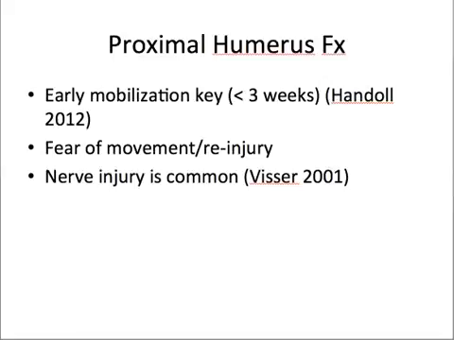And then based on the anatomy here, nerve injury is actually pretty common. Visser found that in those with displaced fractures, around 80% had concurrent nerve injuries, and in those non-displaced, still 59% had nerve injury.